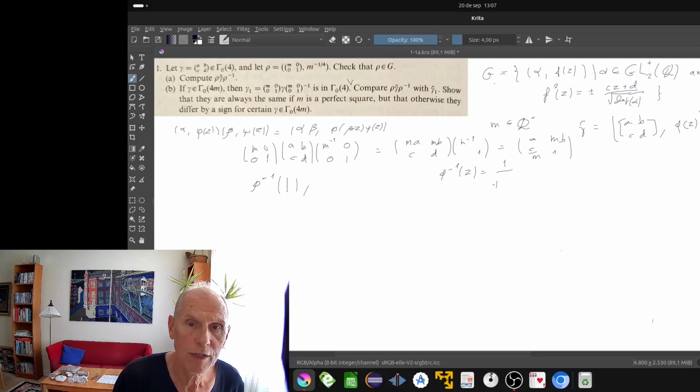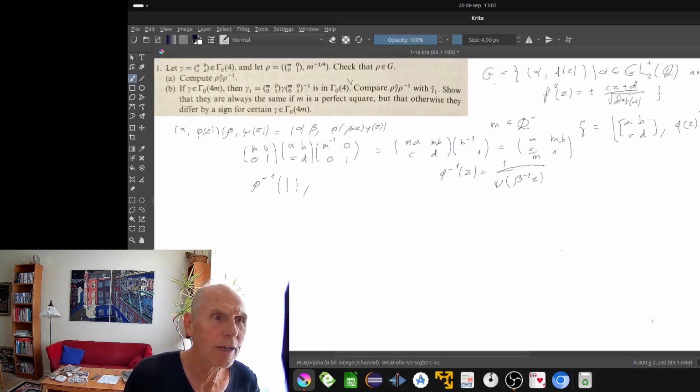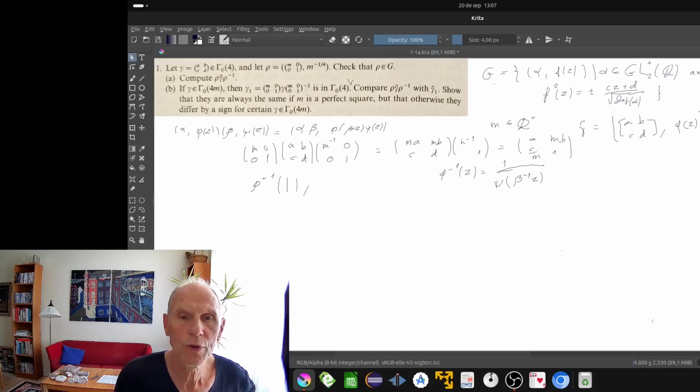That means that this product must be 1, meaning that the inverse equals 1 divided by psi of the inverse matrix, and we already had that in the proof that such a guy would have an inverse.